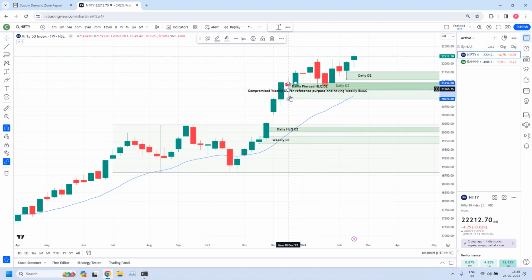The reason why I have drawn is, I have valid reasons. There is a weekly EMA confluence. And I don't want to consider this as a valid weekly, but I want to use it for our analysis purpose. There could be lower time frame zones in this area because there is a weekly EMA confluence. For that purpose I have drawn it here.